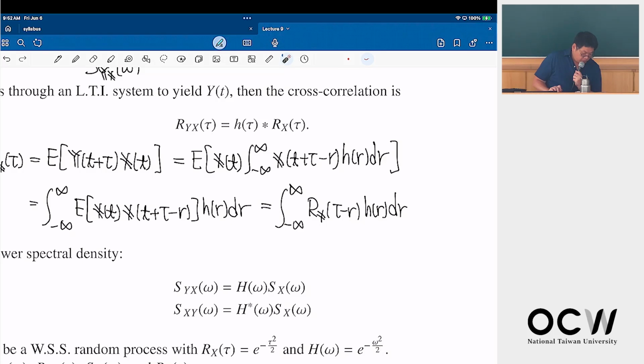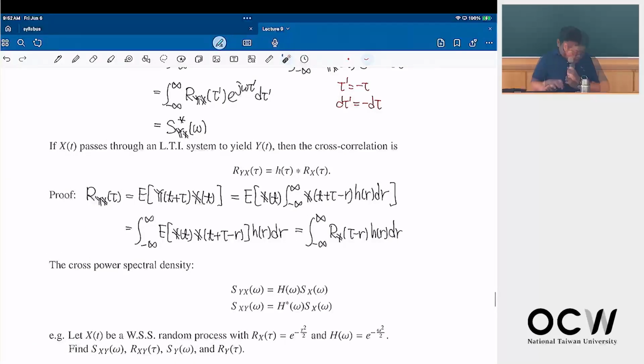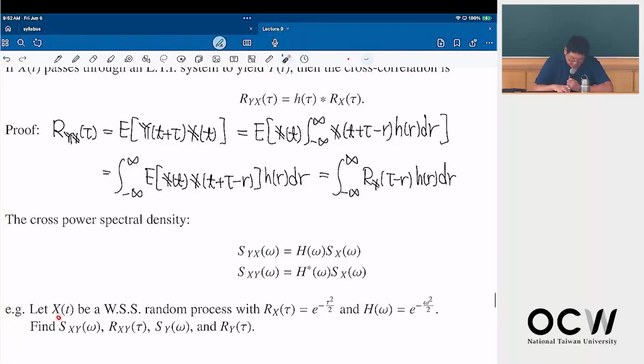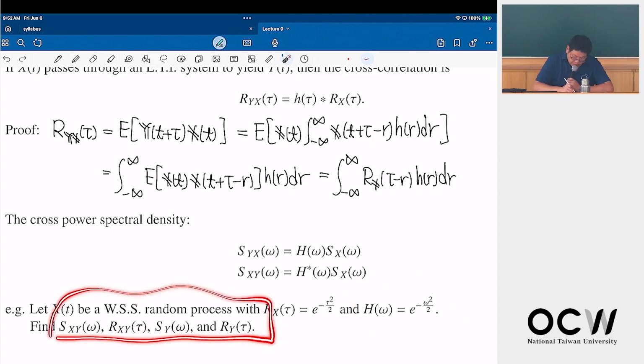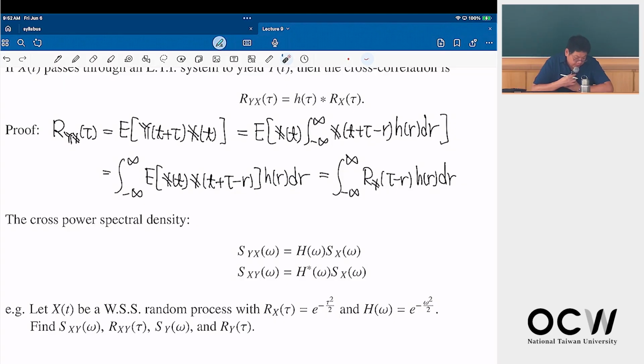So let's see three examples for this. X is Wisen stationary, and we have the autocorrelation. We have a system response. We want to find the following terms. So if the autocorrelation is exponential, we can definitely get the power spectrum.